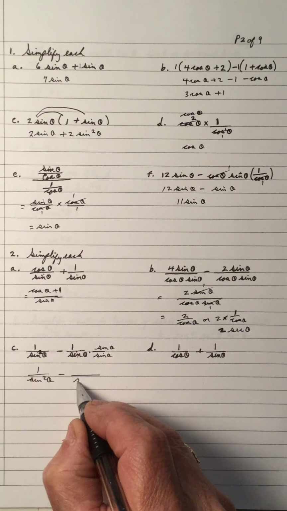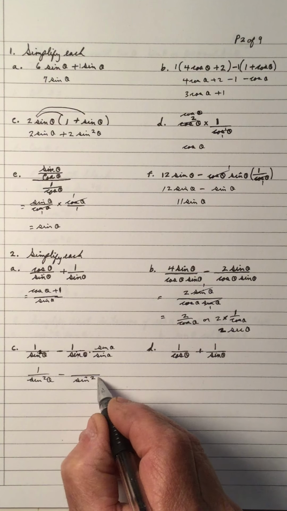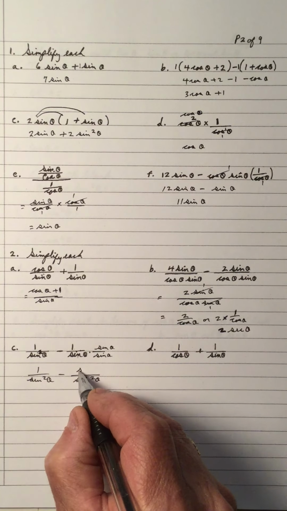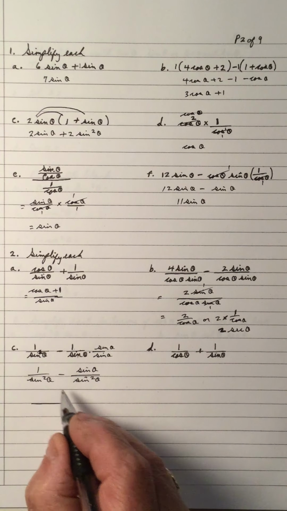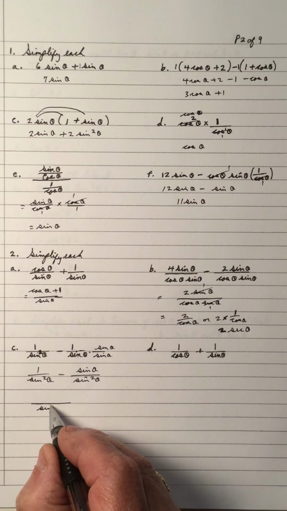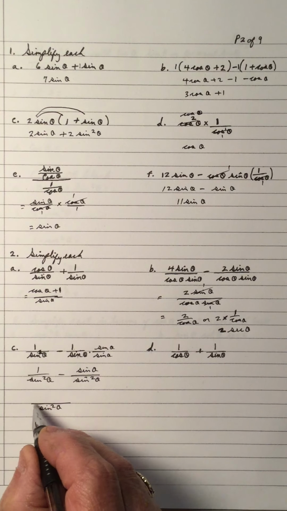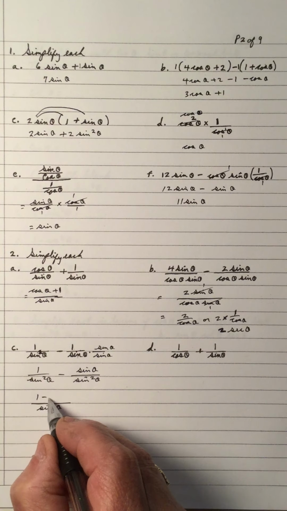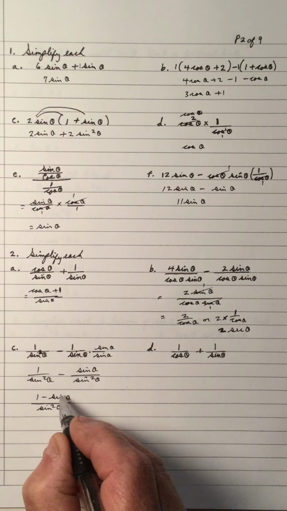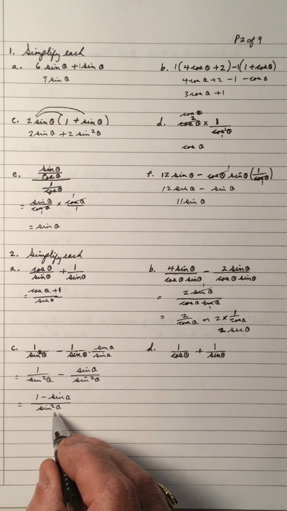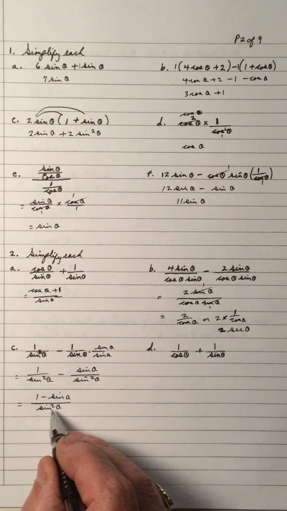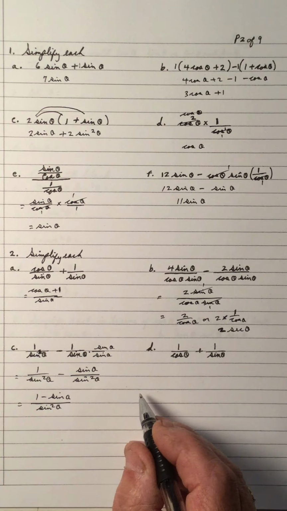Sine times sine is sine squared. 1 times sine is sine theta. And the same denominator is sine squared. We write it down, and that's 1 minus sine theta. Simplified. And again, this could go further, but we're not worried about changing sine squared.